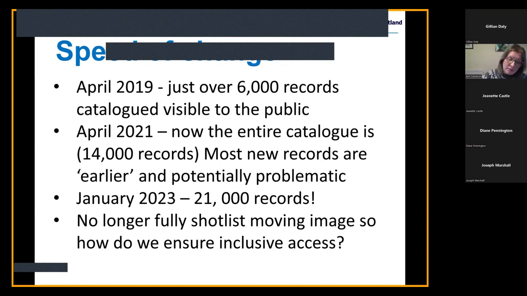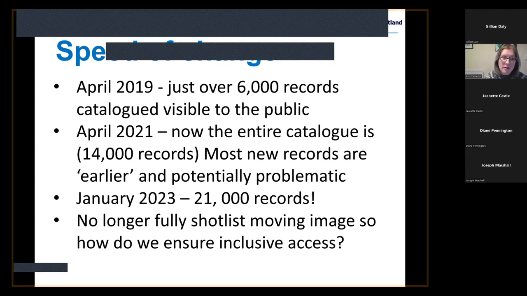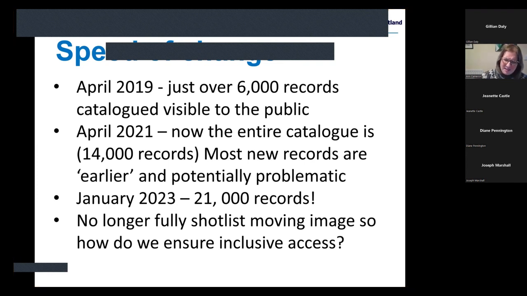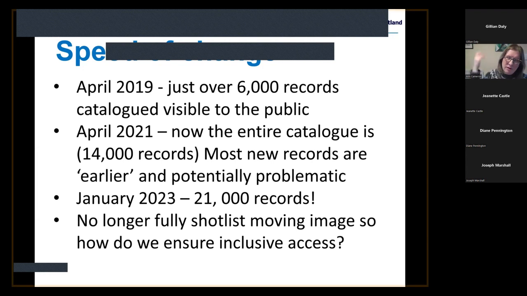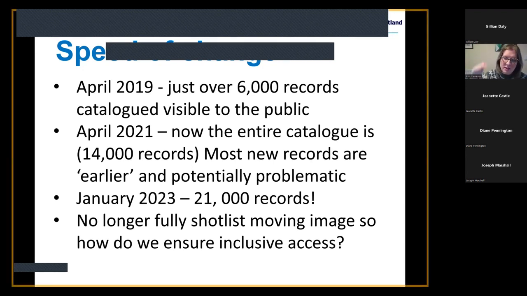That's what really made us think we need to go back and look at some of these catalogue records and make sure that we're not publishing things that some people may find offensive or triggering. And even now, I looked the other day and we've got 21,000 up. The rate of catalogue records going onto our catalogue is just increasing all the time.